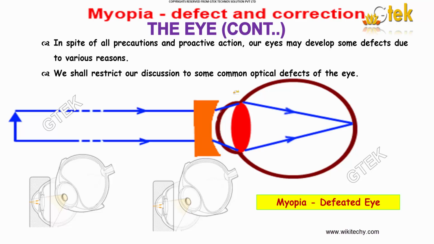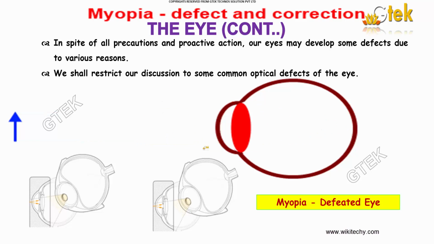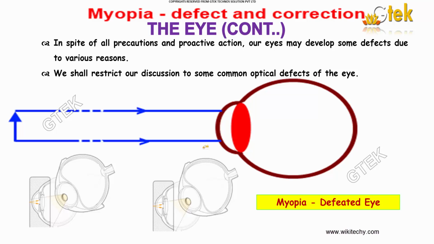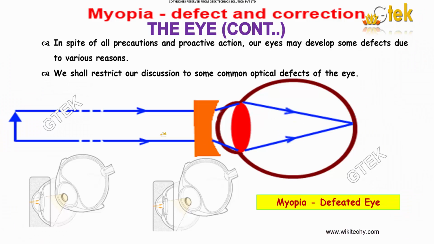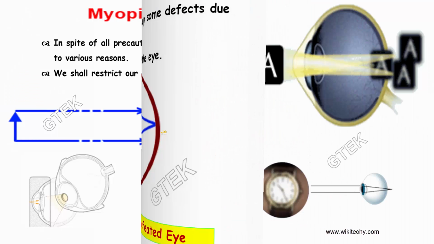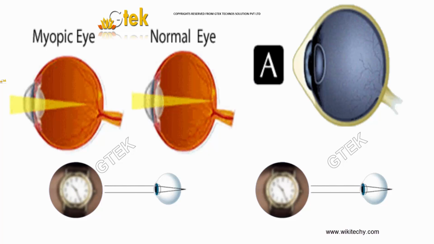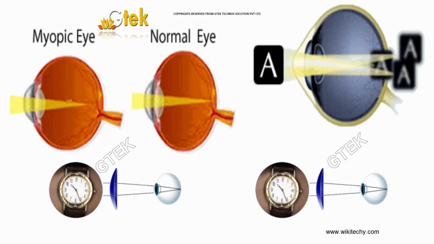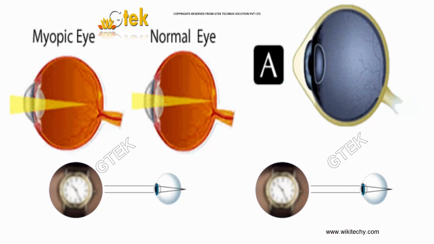So you can see the defective eye caused by myopia, and how the myopic eye and the normal eye view images.